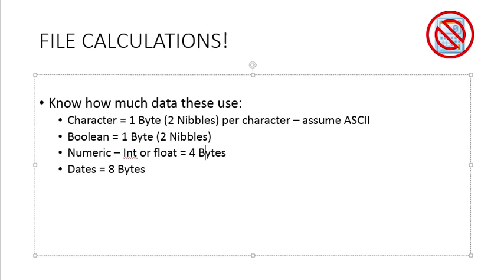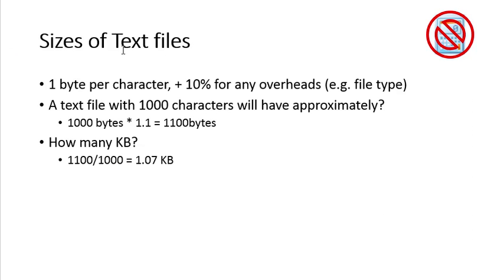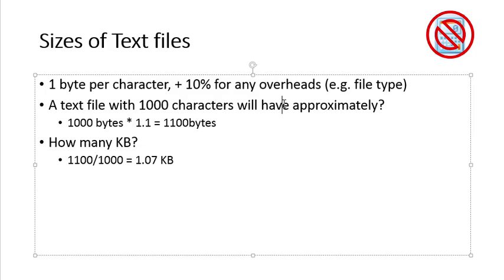So we're now going to look at 4 calculations. We begin with a simple text file. The question was, a text file with 1000 characters will hold how much space? Remember, the calculation rule is simply: 1 byte per character plus 10% for overhead.